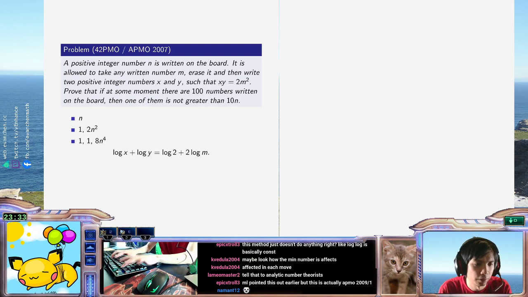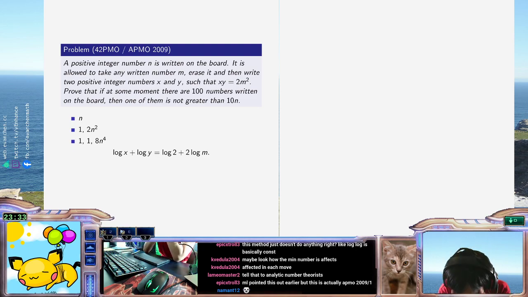Oh, 2009? Sorry, I mistyped. It feels like it has to be a weight. What's the weight?